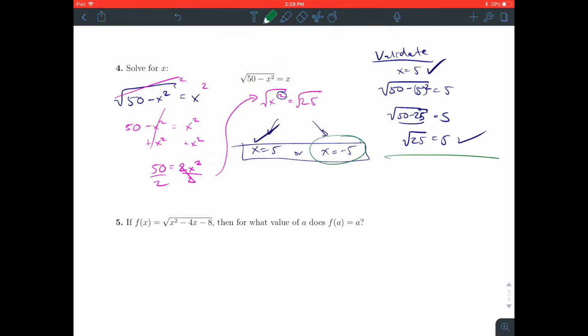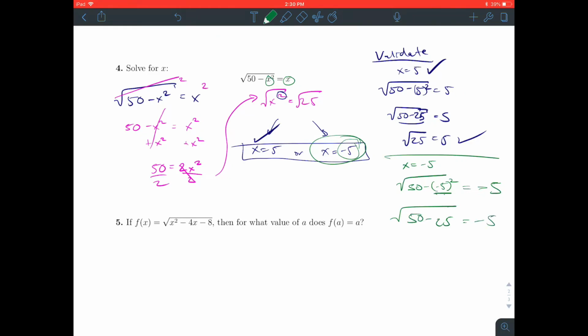Next, we need to check our negative solution. So we have to validate both of them. X equals negative 5. So we get the square root of, sorry, that's totally wrong. The square root of 50 minus negative 5 squared. And we want to see if that equals, we have to plug in negative 5 for both x's here, equals negative 5. Negative 5 squared, negative 5 times negative 5 is 25.